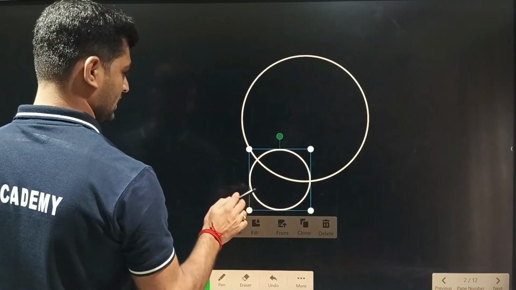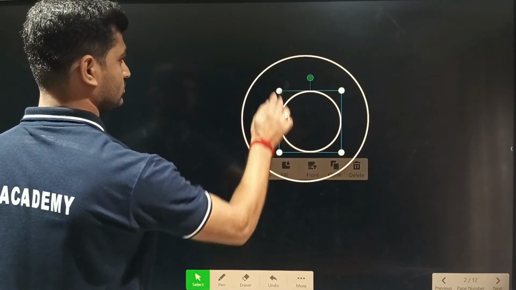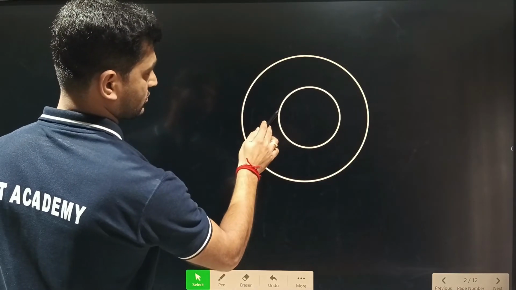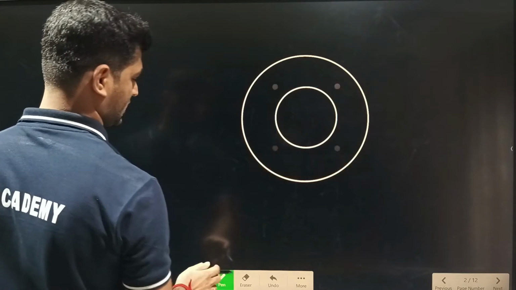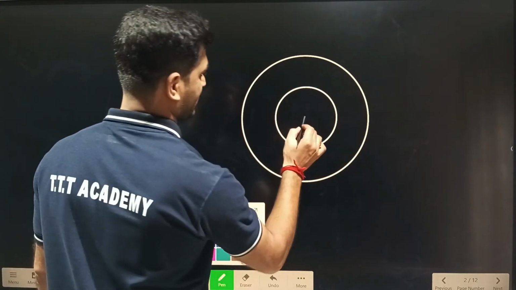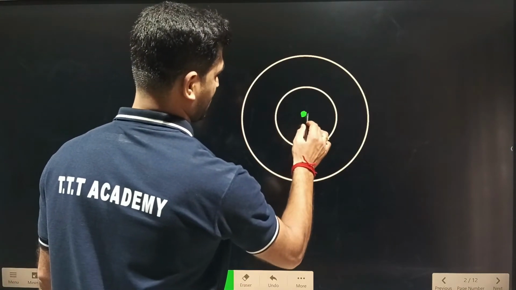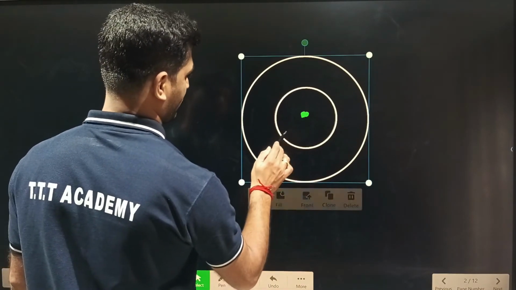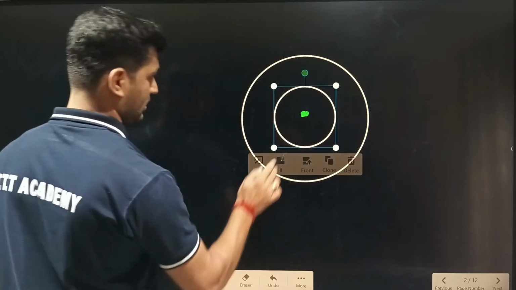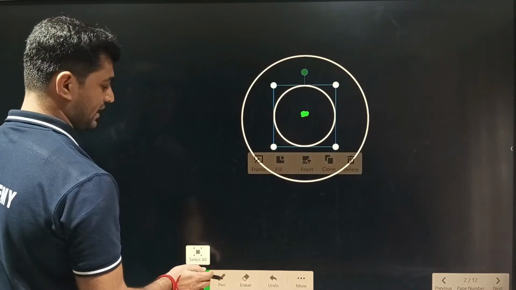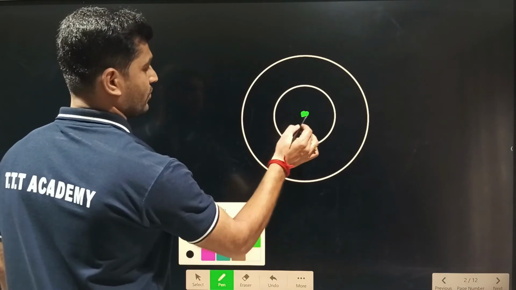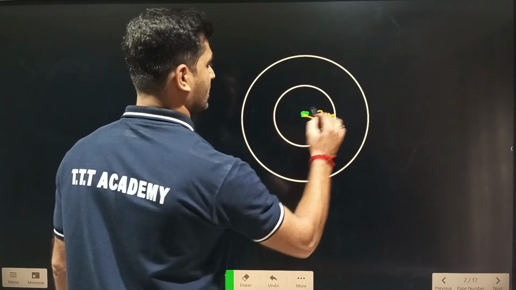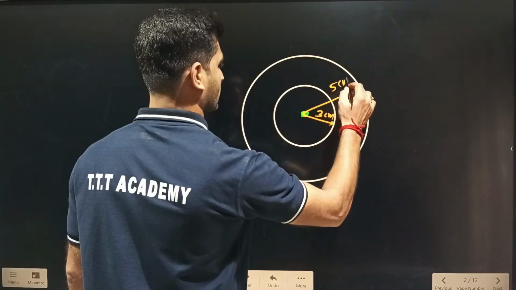Take a circle with center O. Then from this circle, the radius is 3 centimeter, and the other circle's radius is 5 centimeter.